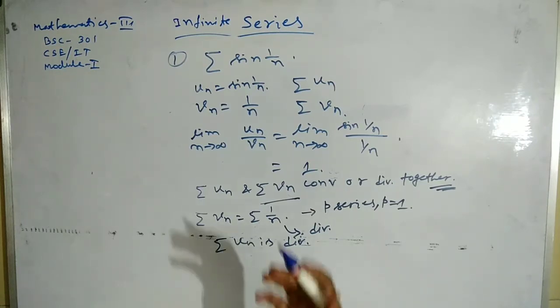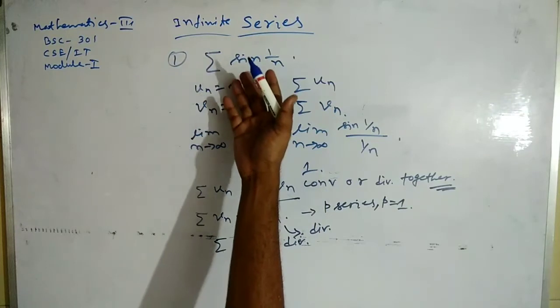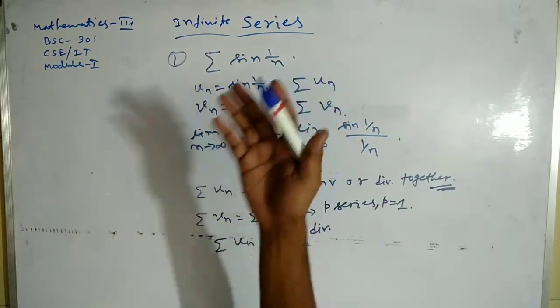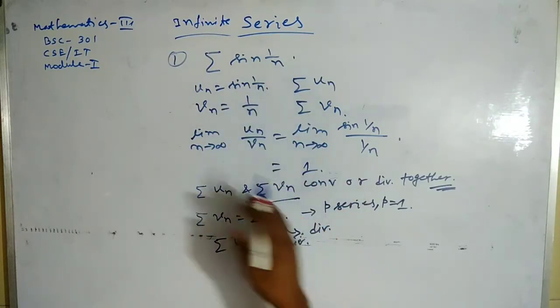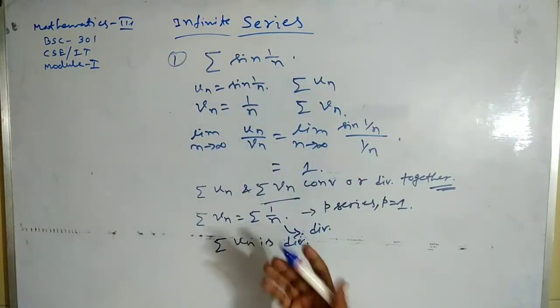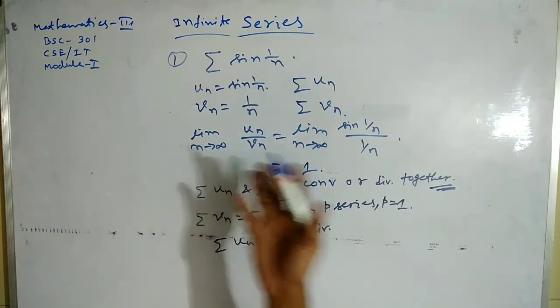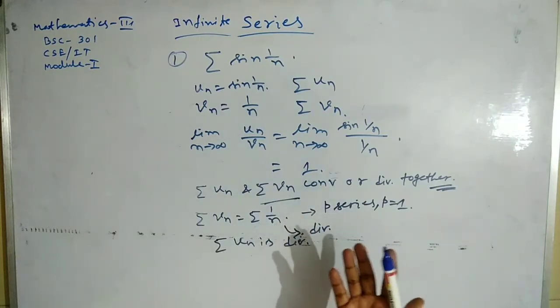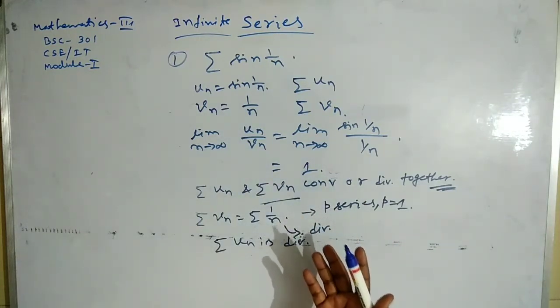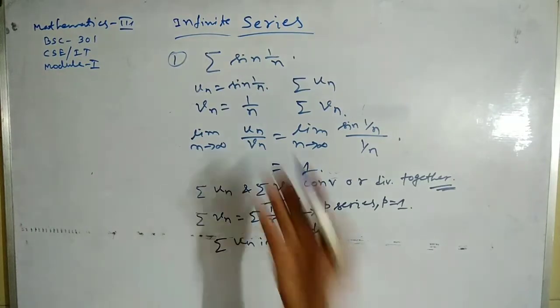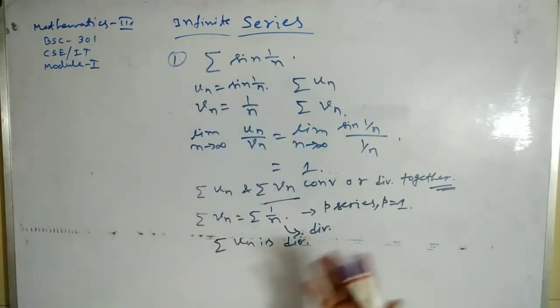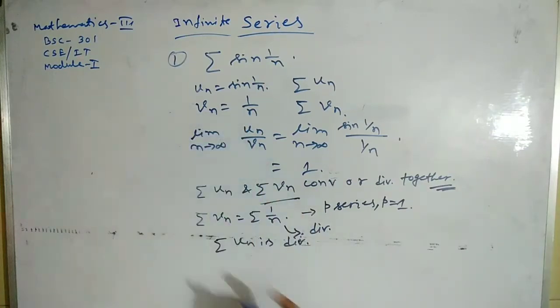You will be given just summation of un. Looking at un, you have to take vn in such a way that you can find this limit, and you have to know the convergence of the series vn, otherwise you can't tell about summation of un.